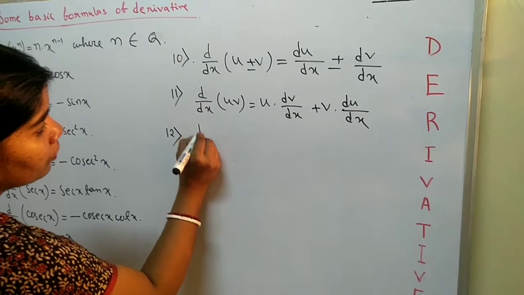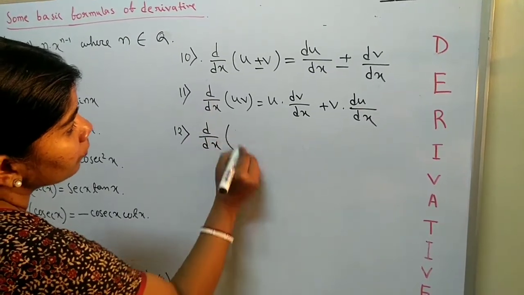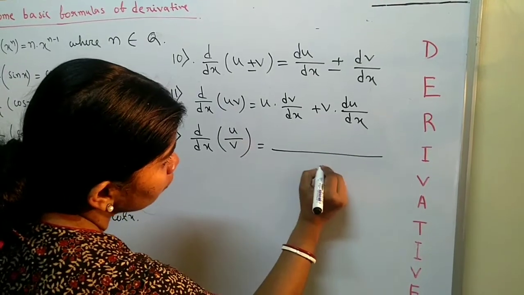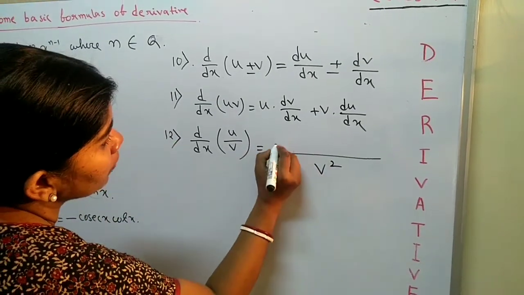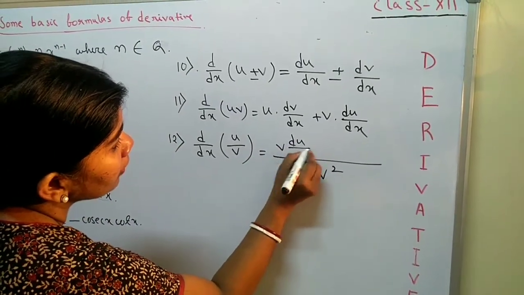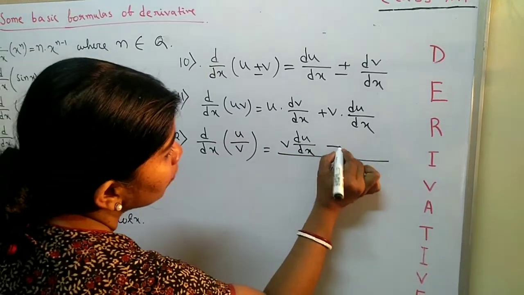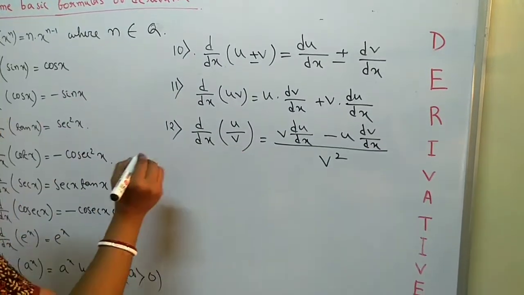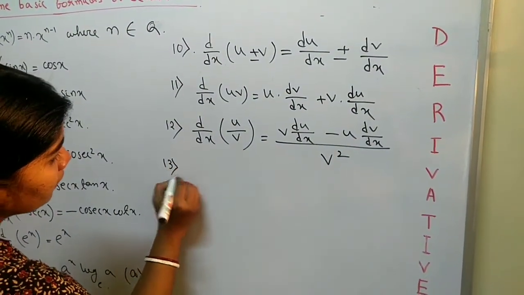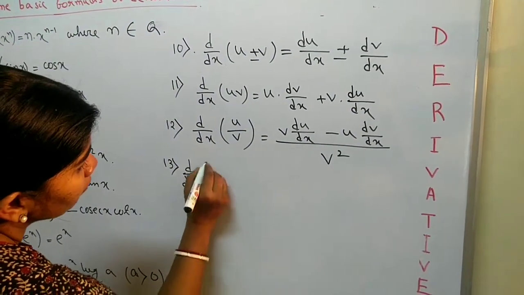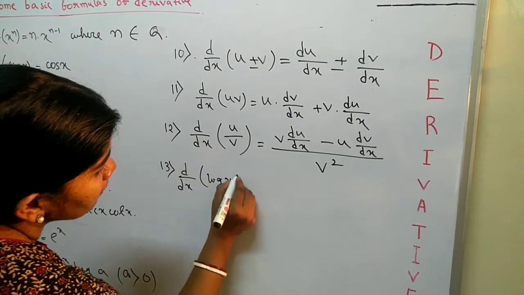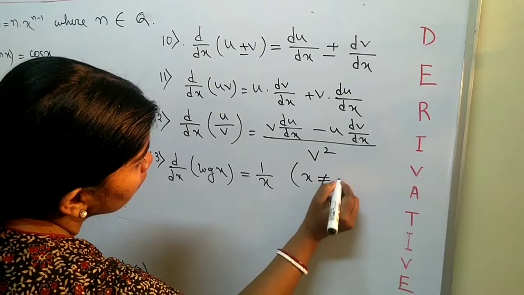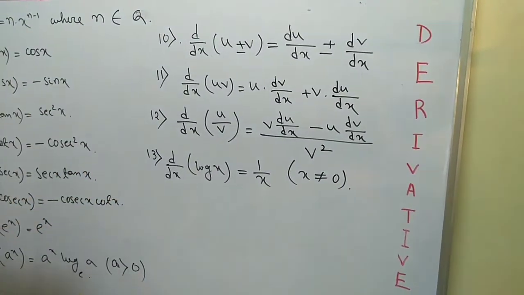Number 12: d/dx of u divided by v equals, the denominator is v square, and the numerator is v du/dx minus u dv/dx. Number 13: d/dx of log x equals 1 by x, where x is not equal to 0.